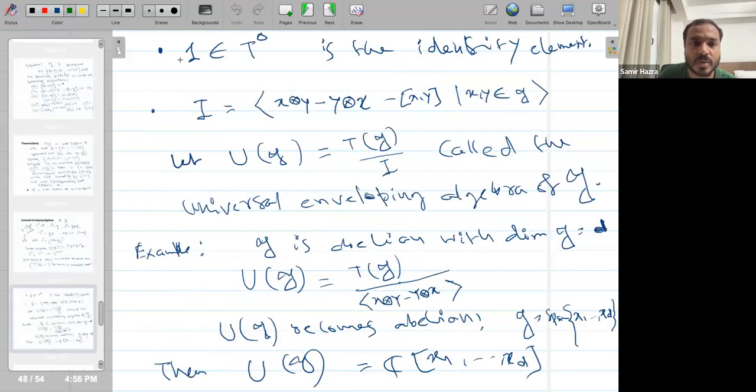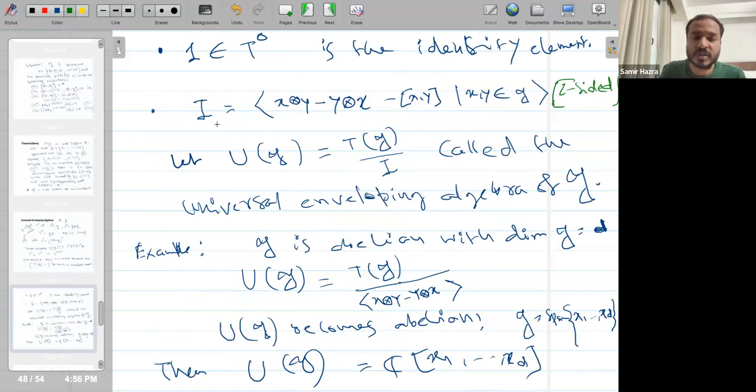An important observation is that the identity belongs to T0, because T0 is just the field. And now I consider the ideal generated by x tensor y minus y tensor x minus the bracket xy. We want this to be the two-sided ideal generated by all these elements.